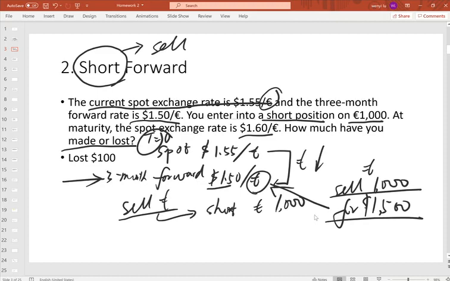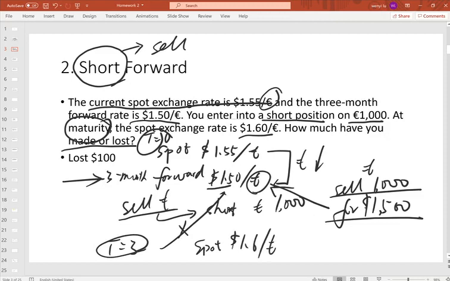However, you can see in the question, what's the actual rate on the third month? It's different from the rate in the contract. The spot rate at time 3 is $1.6 per euro. Unluckily, you already signed a forward contract. You will sell 1,000 euro for $1.5 per euro. You get $1,500. But based on this rate, for the same 1,000 euro, you should get what?